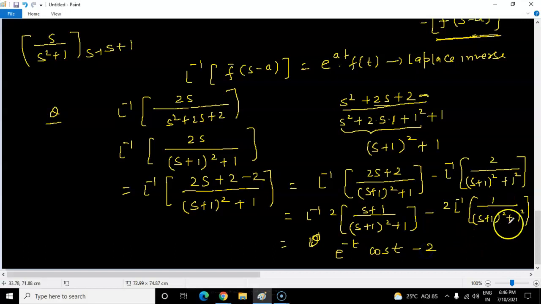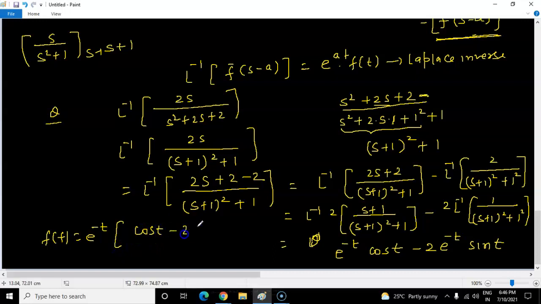This is 1 by s square plus a square, which means sine of at, a is here 1, sine of t, and s replaced with s minus 1 is given here, so a is minus 1, so I can write e to the power of minus t sine of t. So the final answer we can write f of t is equal to e to the power minus t common here, that is cos of t minus 2 sine of t.